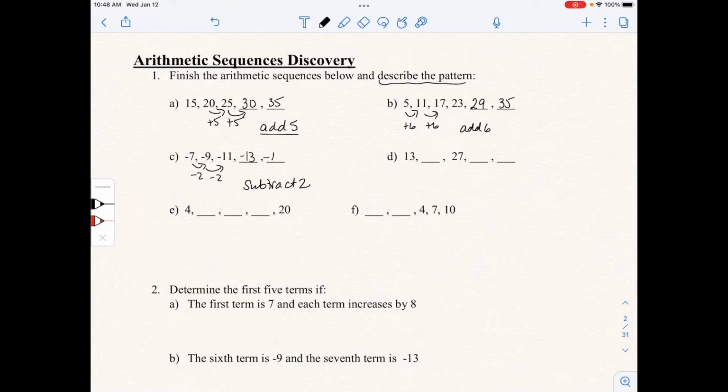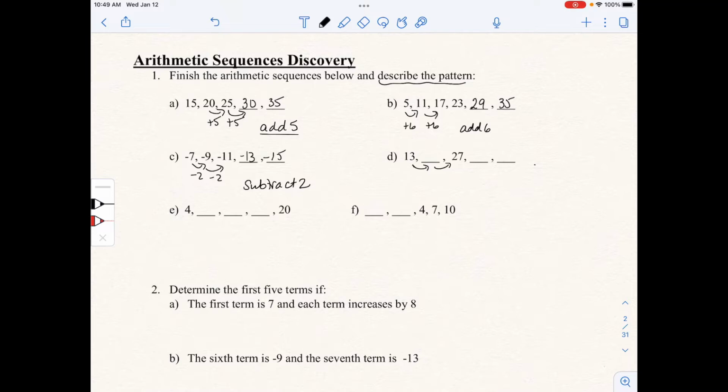Okay. And, of course, for question D, D is a little bit tricky, but we have to figure out what we are adding to go between 13 and 27. It's an arithmetic sequence, so we're just adding something, and there's a couple of tricks to do that.